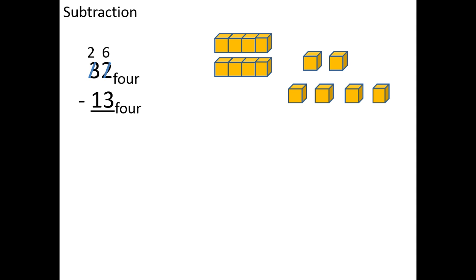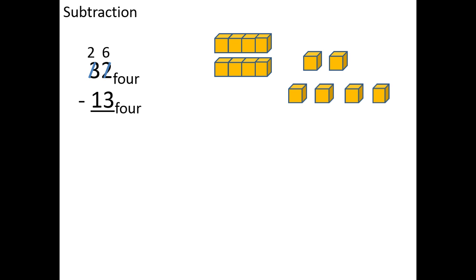Now a base 4 person does not know what the number 6 is. We're writing that number up there because we can think in base 10 very easily to subtract. So when we look at this, we say, oh yeah, that's 6 ones. A base 4 person would call that 12 ones. But if you call it that, you're going to think it's 12 and you're going to make mistakes. So go ahead and say, that's 6 ones.